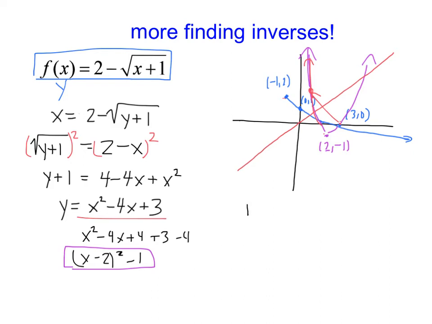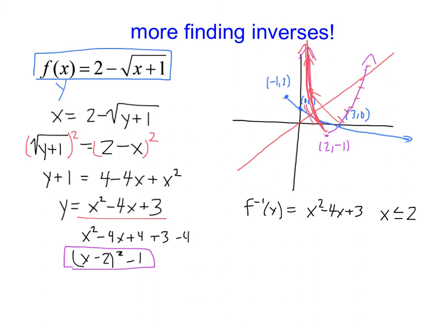So this whole thing here, the inverse of x is the parabola, x squared minus 4x plus 3, but x has to be less than or equal to 2. And that way we're going to get this part of the sideways opening parabola, not that one.